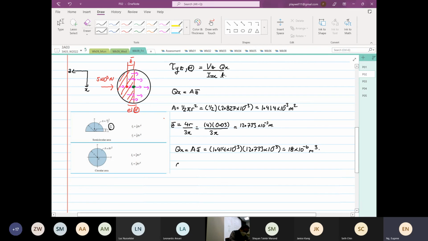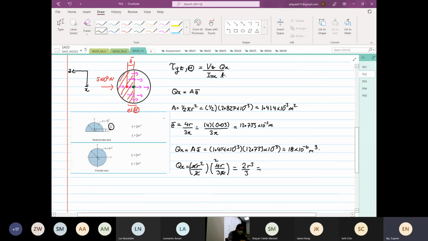If you look at the formula for Qx, the area is pi r squared over 2, and the y bar is 4r over 3 pi. If you cancel these, the formula finally is 2r cubed over 3.